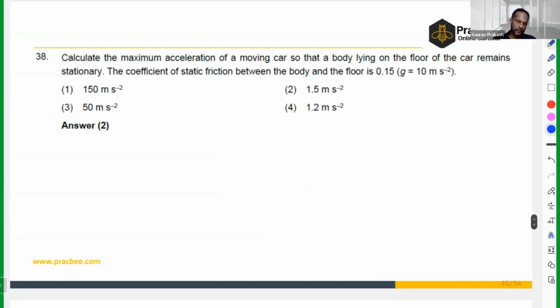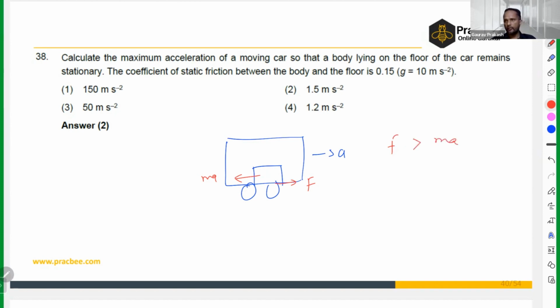Question number 38, calculate the maximum acceleration of a moving car so that a body lying on the floor of the car remains stationary. So on a car, if it is accelerating with A, the body will experience a pseudo force in this direction and a friction in this direction. The friction has to be greater than m times A, then only the body will not slip.